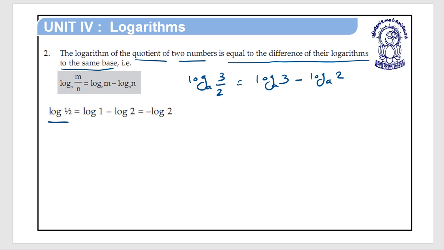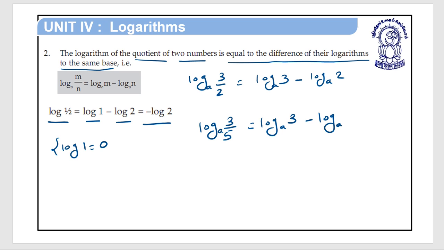Next example, log 1 by 2 is equal to log 1 minus log 2, but the value of log 1 is 0. So putting the value of log 1, the answer we get is minus log 2. Next, log 3 by 5 is equal to log 3 minus log 5.